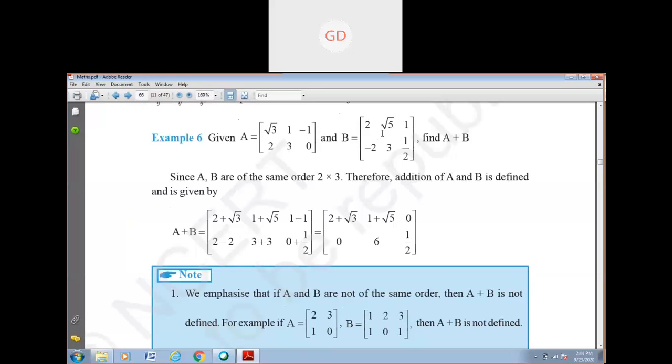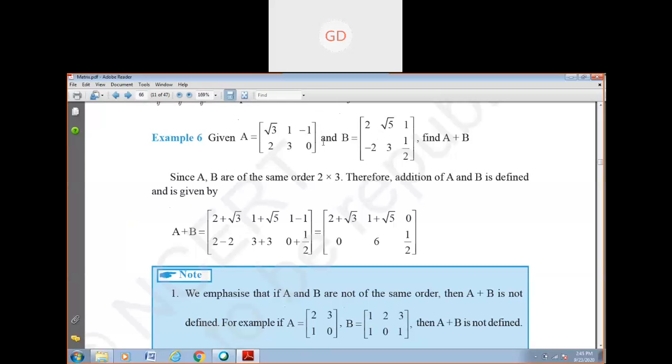So if orders are different, what problem arises? Let's observe. Imagine the fourth column is here. Its corresponding element is this 2, and for this element the corresponding element will be this root 5. For this minus 1 element, its corresponding element will be 1.